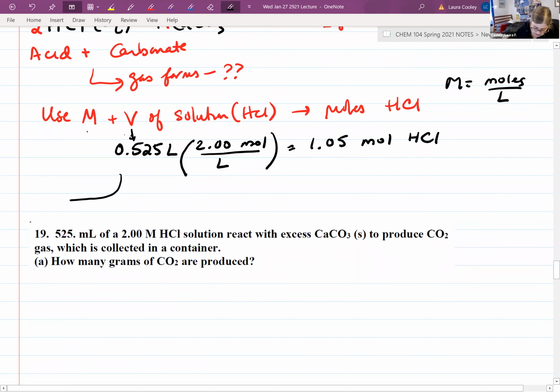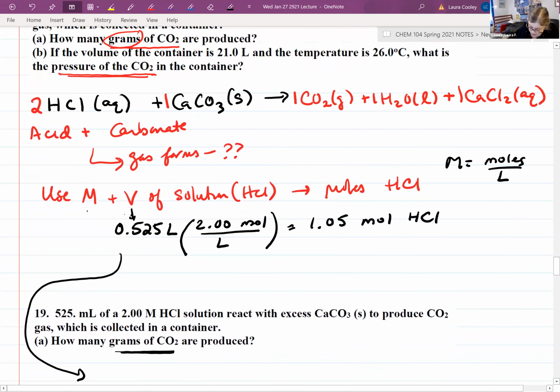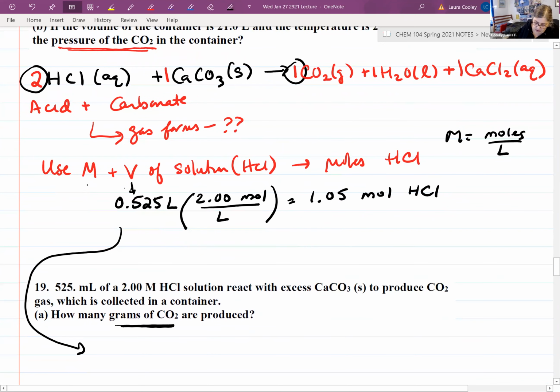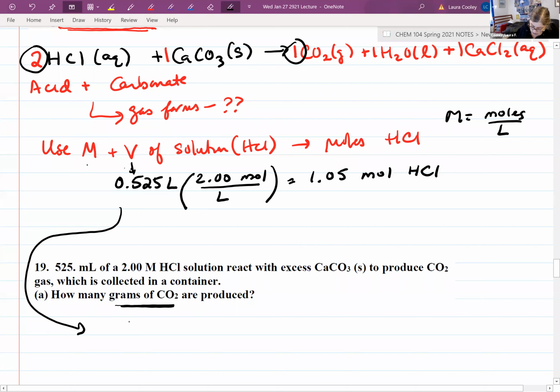So I'm going to continue over here. How are we going to get the amount of CO2? Well, we have to look at the reaction to see what the mole ratio is. And you can see that there's a 2-to-1 ratio of HCl to CO2. So we have 1.05 moles of HCl, and then we use a stoichiometric ratio.